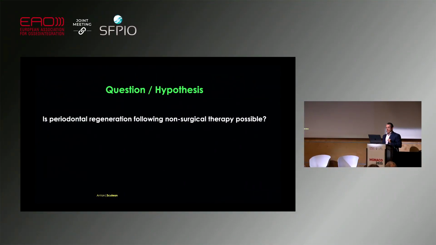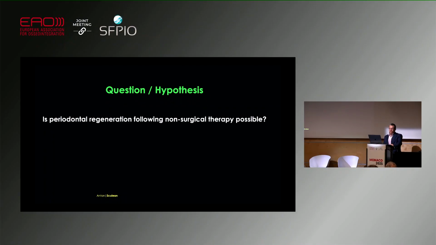Now I would like to show you the last study that is quite important and sets the stage for a completely novel indication for this material. And the question was whether periodontal regeneration may be possible following non-surgical therapy.